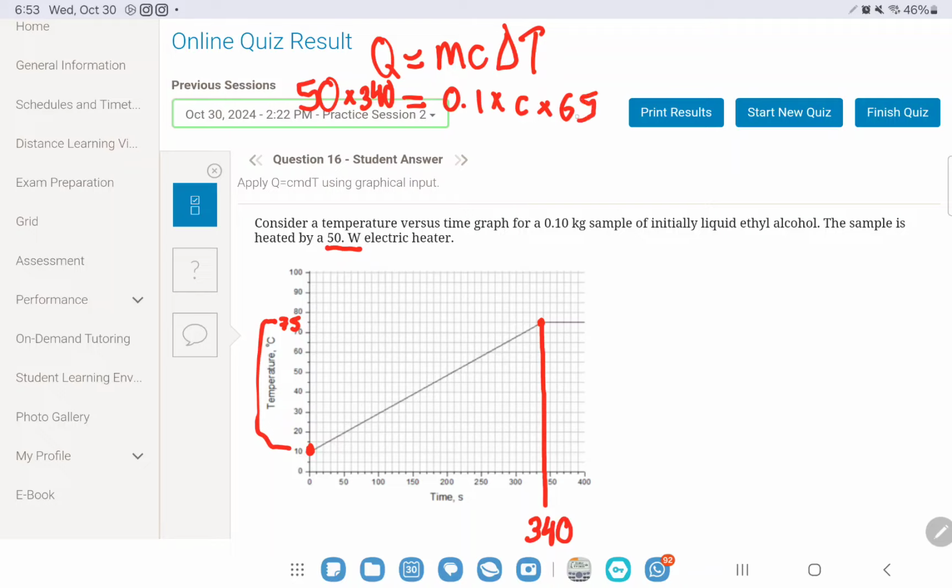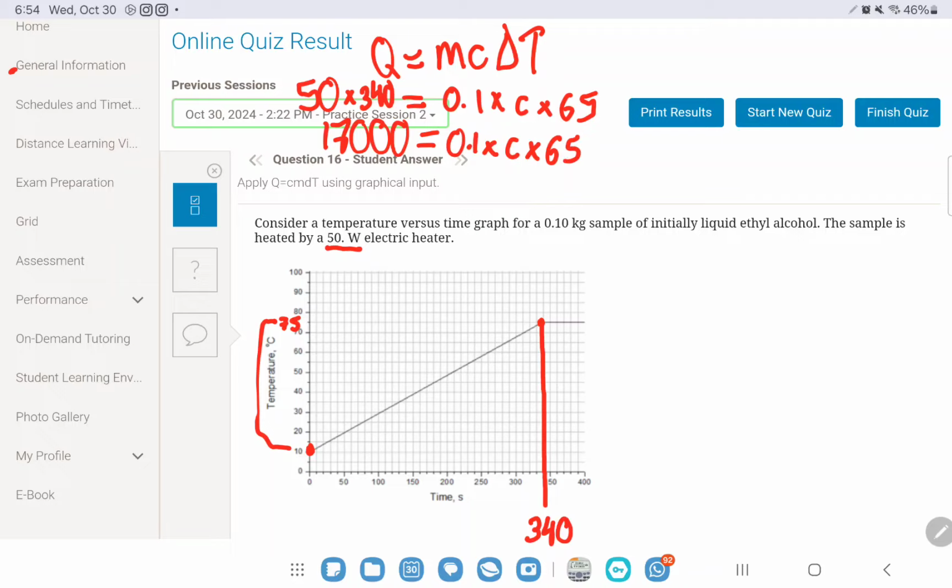Now we have all our values. 50 times 340 is 17,000, which equals 0.1 times C times 65.